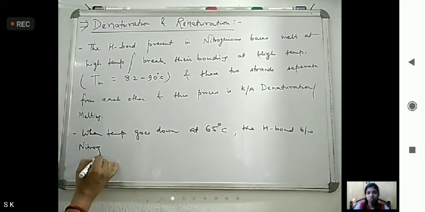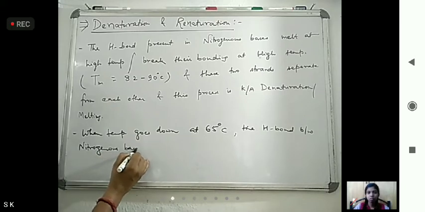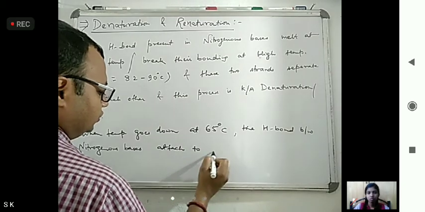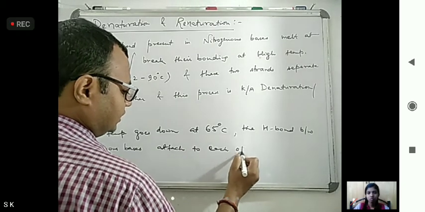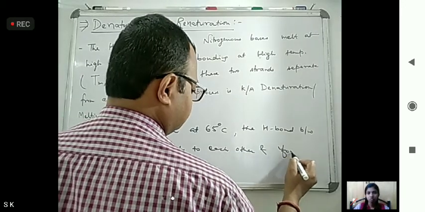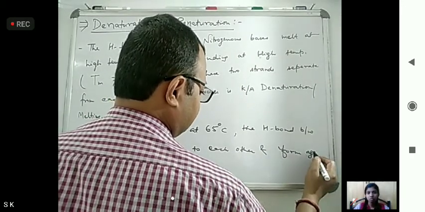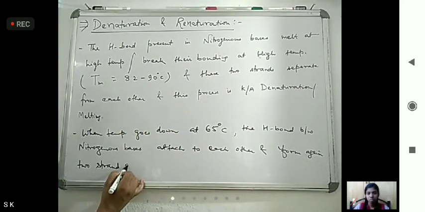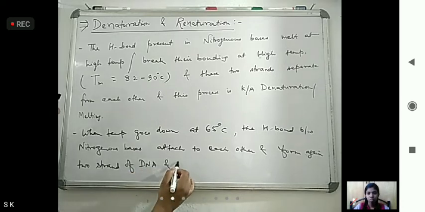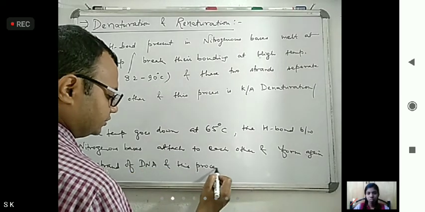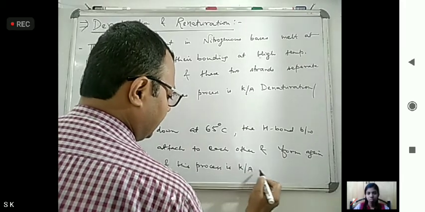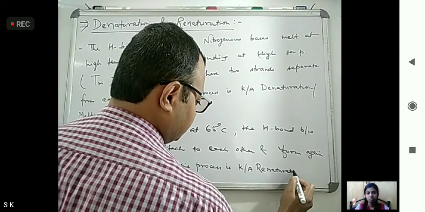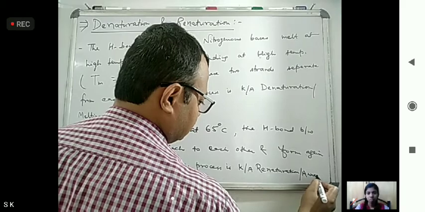nitrogenous bases attach to each other and again form two strands of DNA, and this process is known as renaturation or annealing.